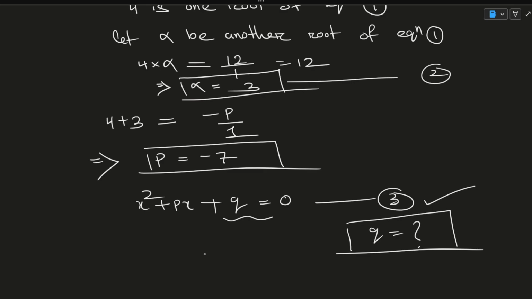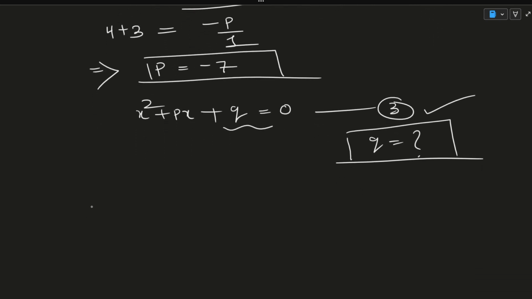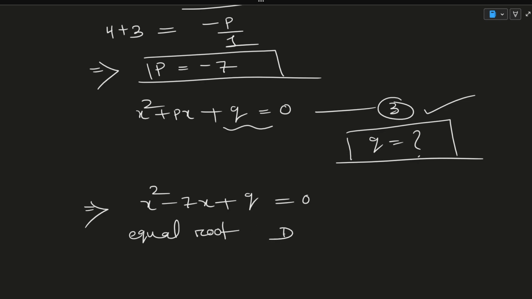Here we have already evaluated the value of p, so we put minus 7x plus q equal to 0. For equal roots, the condition is that the discriminant D should be equal to 0, that is b square minus 4ac should be equal to 0.